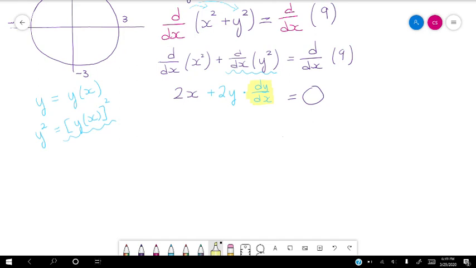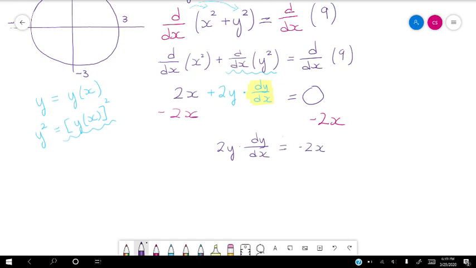So all the dy dx's will be on the left, and if a term doesn't have a dy dx, it goes to the right. In this case, since we're solving for dy dx, let's subtract 2x. So we have 2y times y prime, or dy dx, is equal to negative 2x.